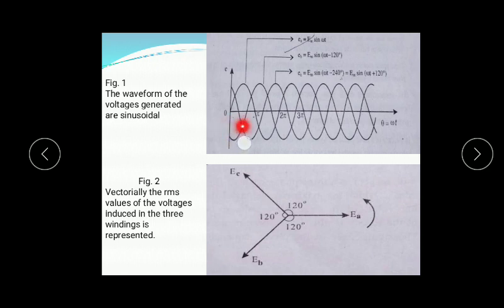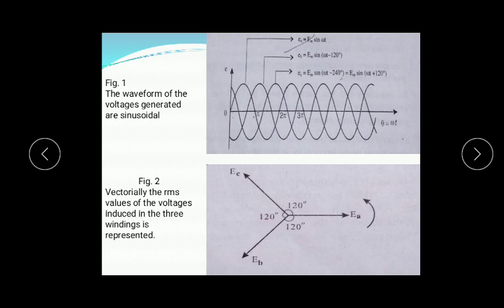This is my second winding voltage, which is Eb equal to Em sin(omega t minus 120 degrees). This is my third voltage, which is Ec equal to Em sin(omega t minus 240) or Em sin(omega t plus 120). So this waveform is very important. Try to practice this, and you have to draw this for the exam.